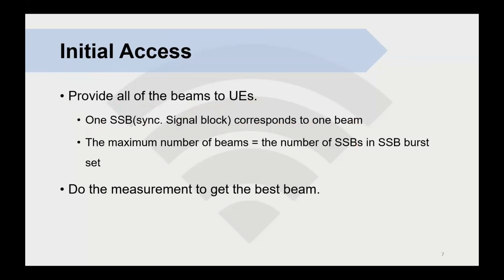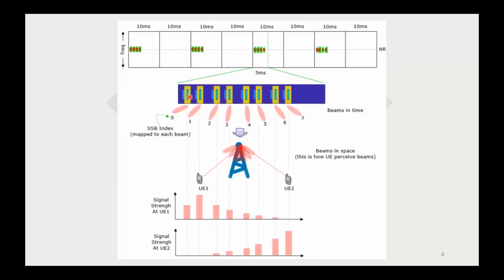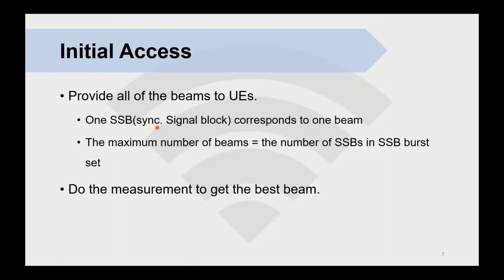So we can move on to the next page first. That means if we only have a limited number of SSBs in a time period, we can only send that many beams in a period of time. That's what I want to mention in the second item.